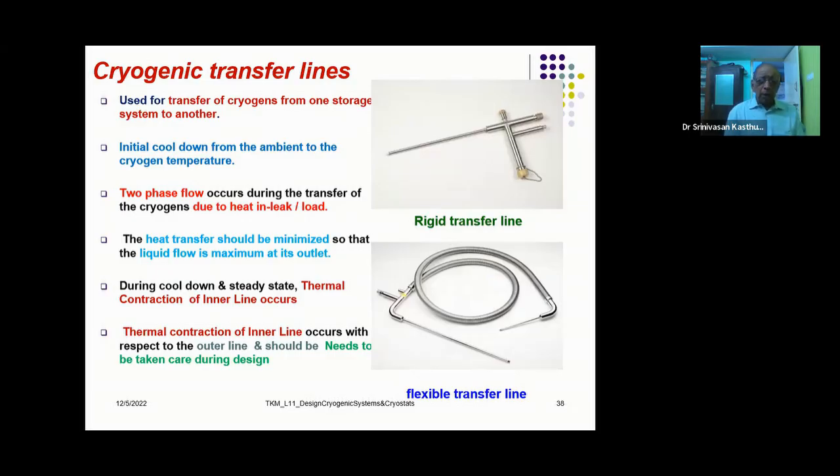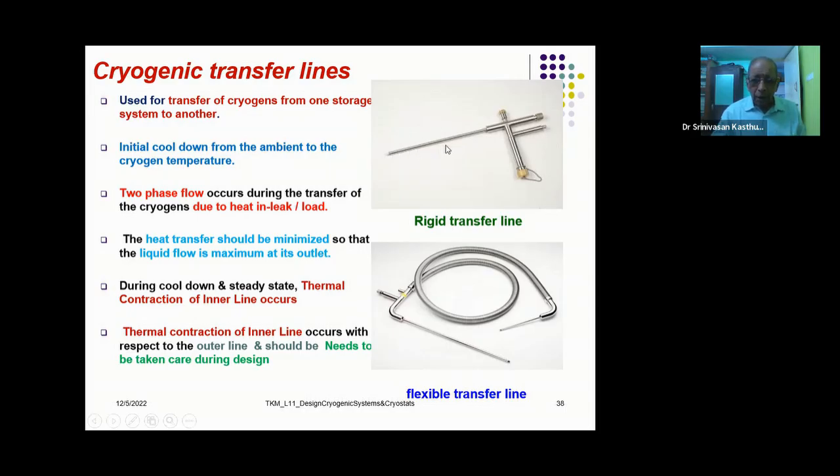The transfer lines can be of different types. It can be a rigid type transfer line, or it can be a flexible transfer line. If it is a rigid type transfer line, it uses rigid pipes, for example, one tube over the other tube. So it's a simple, rigid piping used for this purpose. For example, you can see here the top is representing a rigid transfer line.